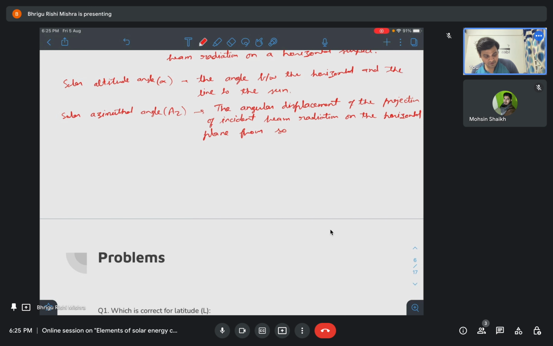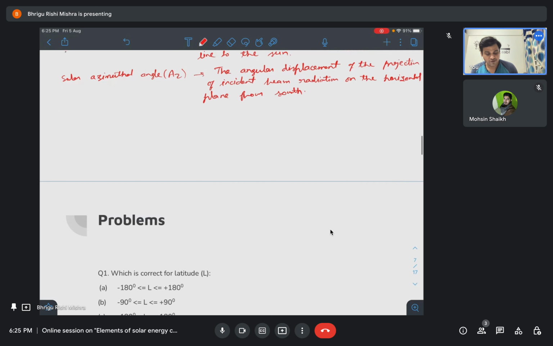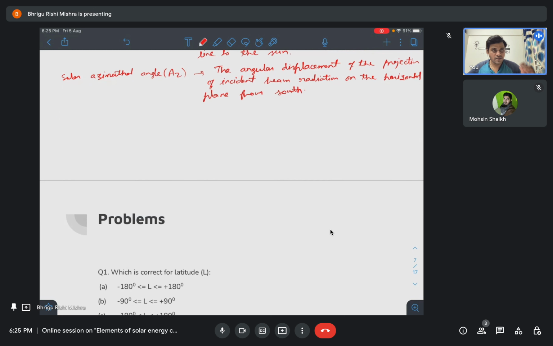We need to remember that the solar azimuthal angle is the angle between the projection of the sun on the horizontal surface and the south line. So it is always measured from the south, not from north, east or west, only from the south.